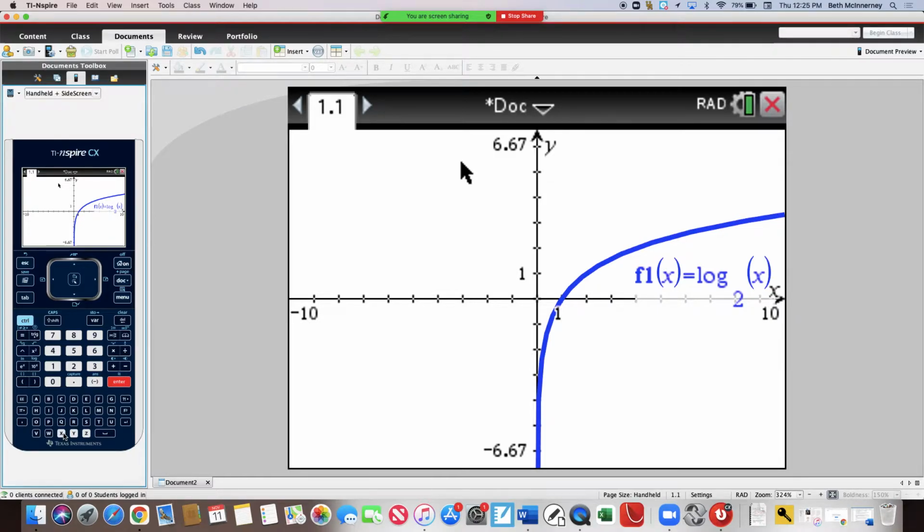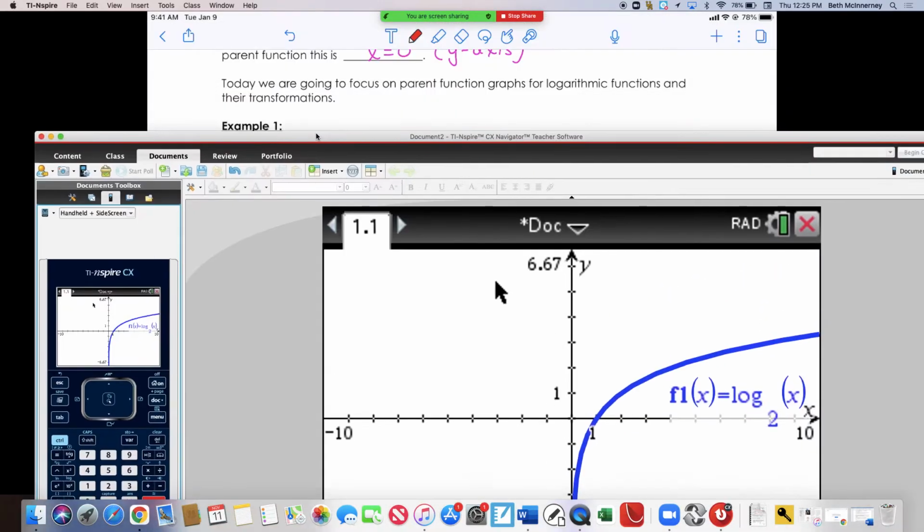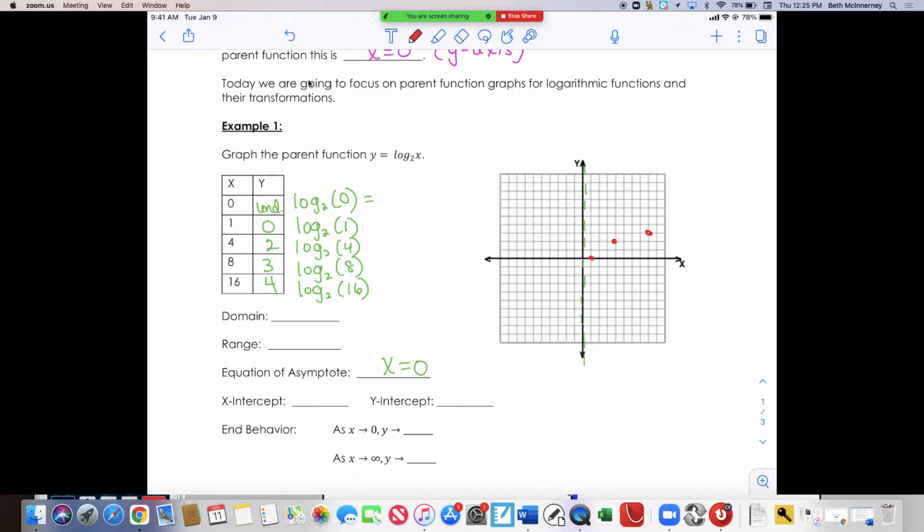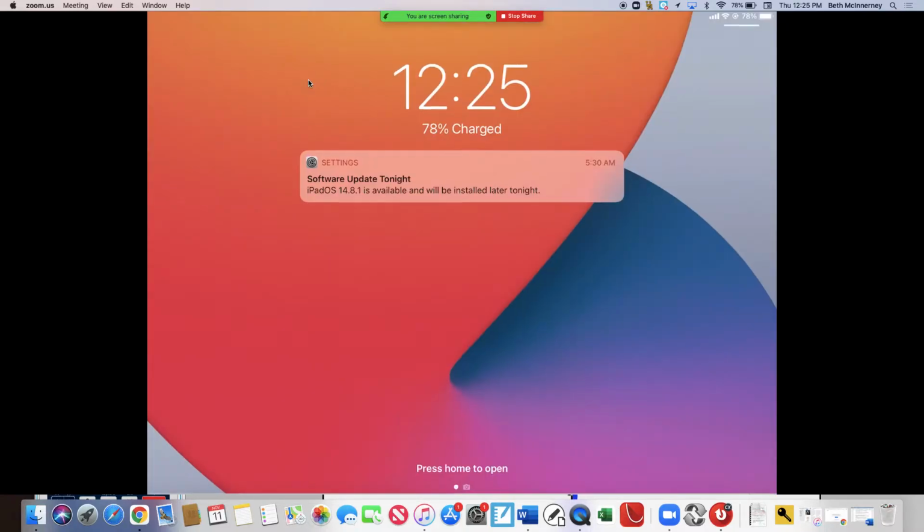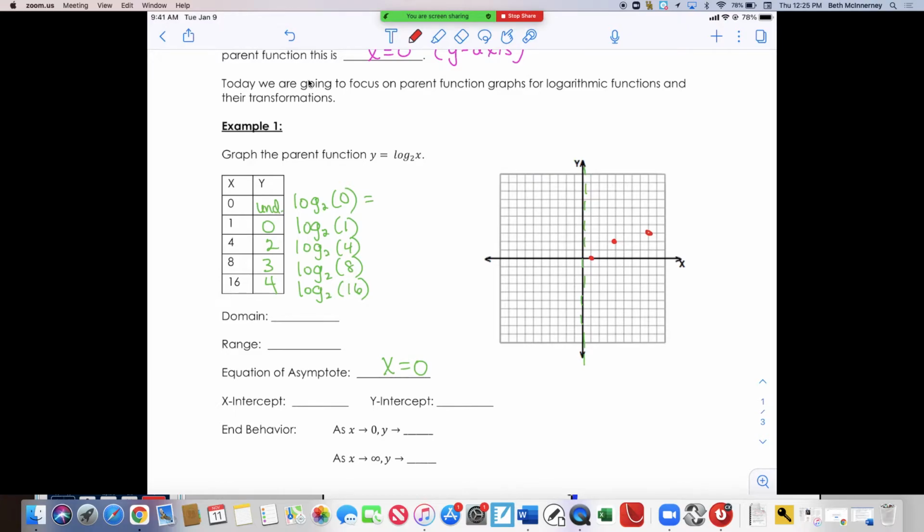You see, here's our 1, 0, our 4, 2, our 8, 3. But do you notice this graph is getting closer and closer to the y-axis without touching it? So let me come back here, and even though our table didn't show it, it does get closer and closer to that x-axis.